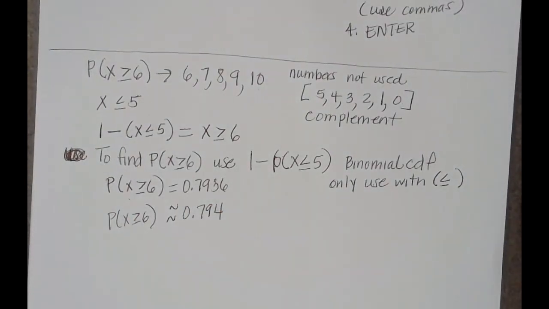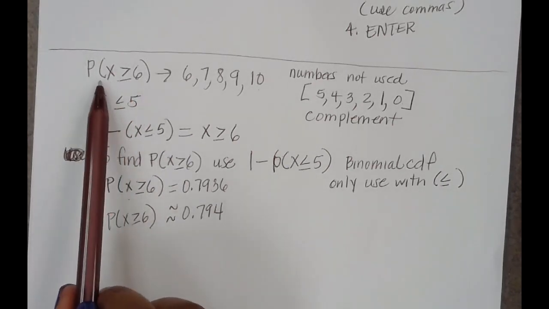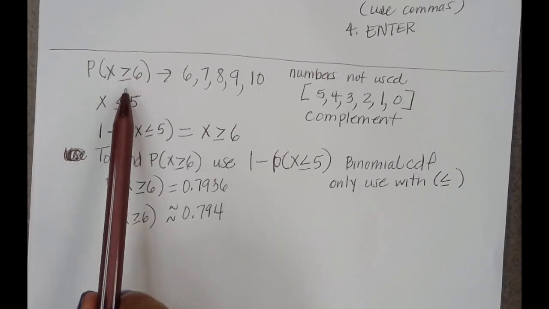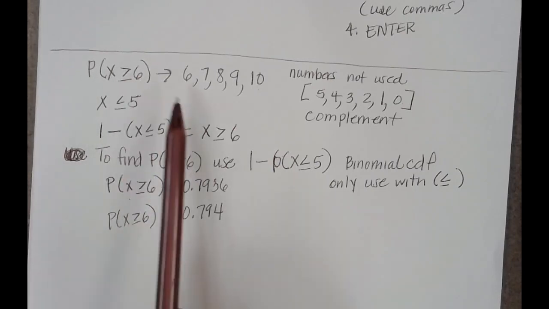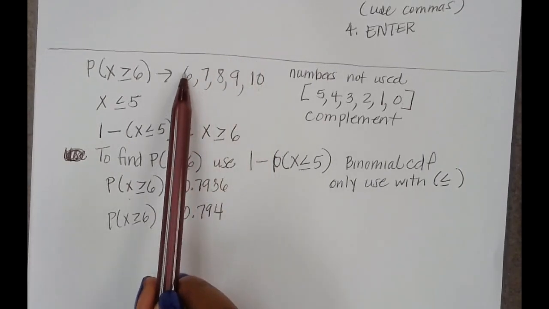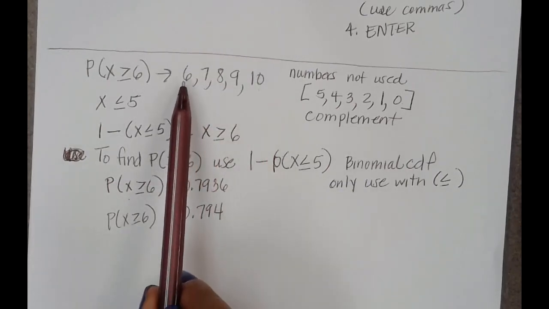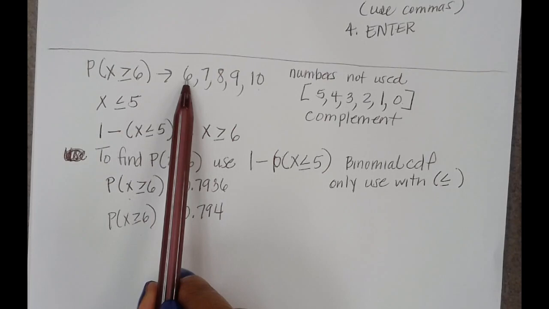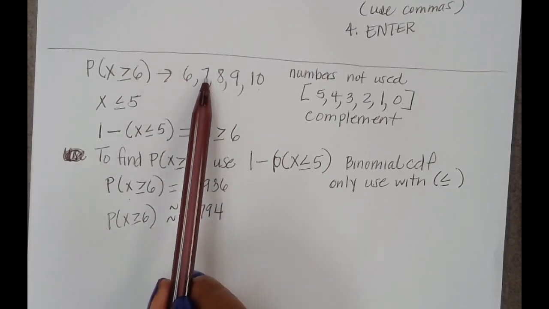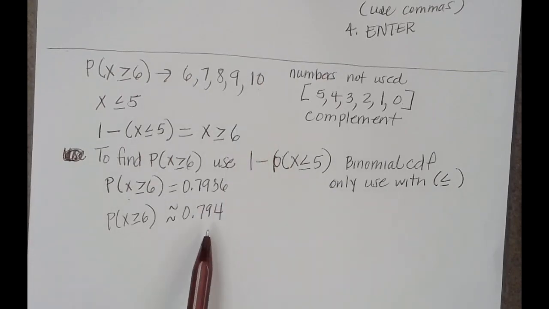Remember, let's recap, how did I even get to this? The problem asks for us to find the probability of X is greater than or equal to 6. That means I'm wanting the probability of these values. What could I have done? I could have used the process from above and found the probability of exactly 6, added that to the probability of exactly 7, exactly 8, exactly 9, exactly 10, and I would have gotten to this number.